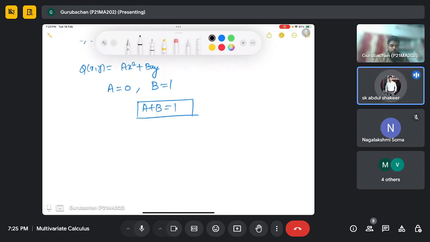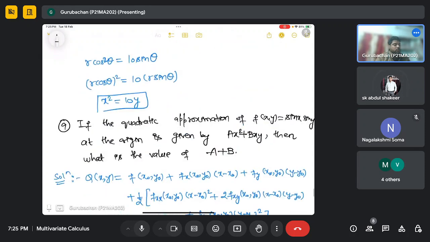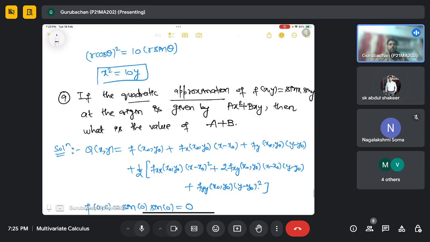Sir, how can we know that we have to use a Taylor series for a two variable function? See, we have been given that quadratic approximation. In that lecture of error approximation, if you remember, we have to approximate this function up to some quadratic polynomial.